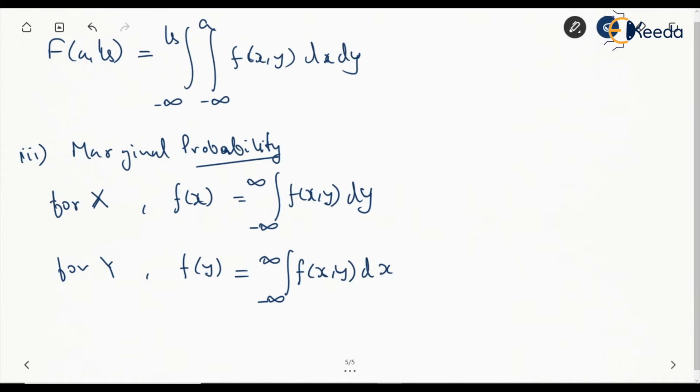And then the next one is conditional probability. So it is even more simple.